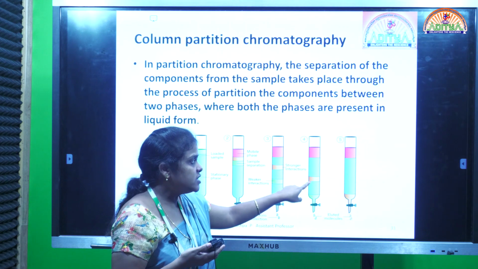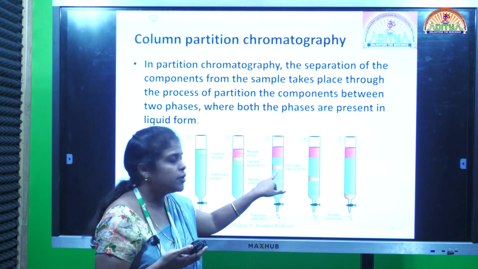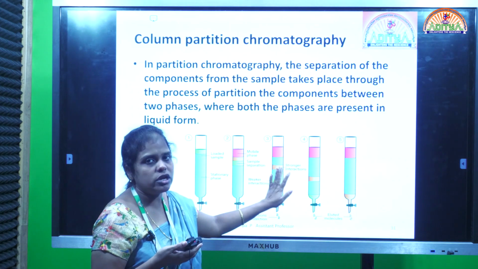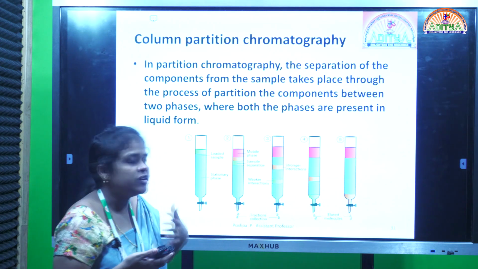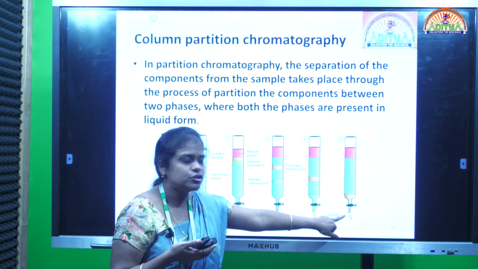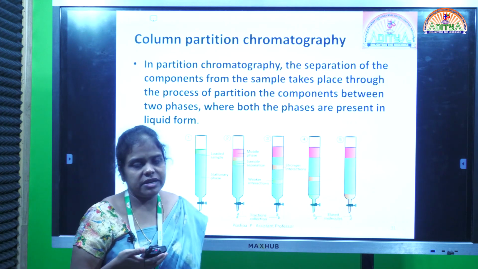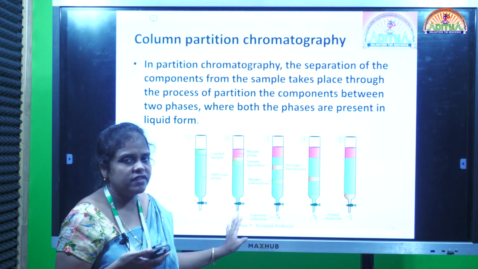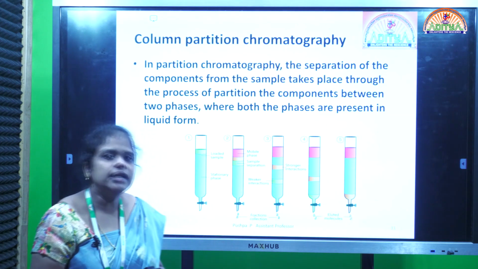But the sample which has strong interaction with the stationary phase, here you can see the brown color, has more affinity or more solubility with the stationary phase, that's why it will take more time and finally it will elute very slowly. Same as adsorption, separation takes place in partition also, but here the stationary phase and mobile phase are both liquids, whereas in adsorption the stationary phase and mobile phase are solid and liquid.